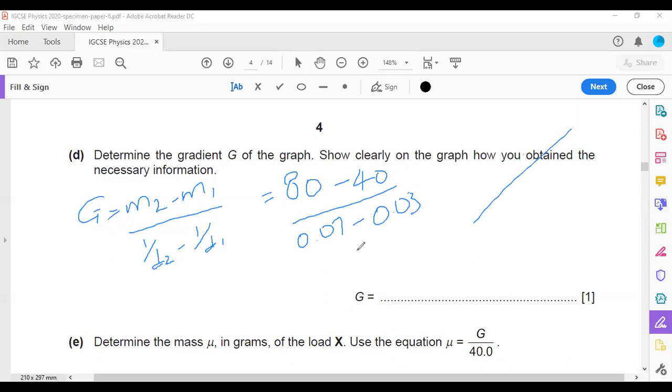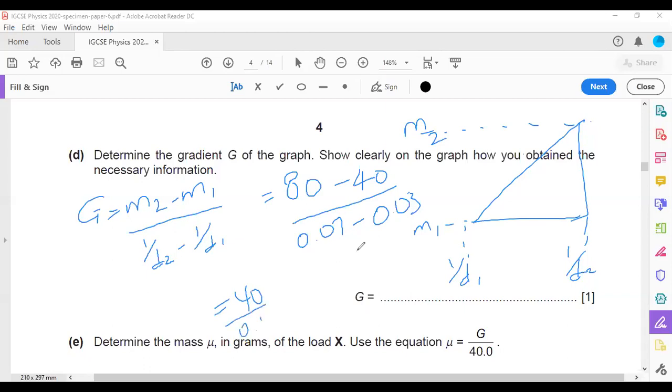So you remember when you draw the straight line, you could take a triangle. So when I get a triangle, this could be 1 over D1, 1 over D2. Here should be M1, and up here should be M2. Good. So you're going to have 80 minus 40 is 40, divided by 0.04.